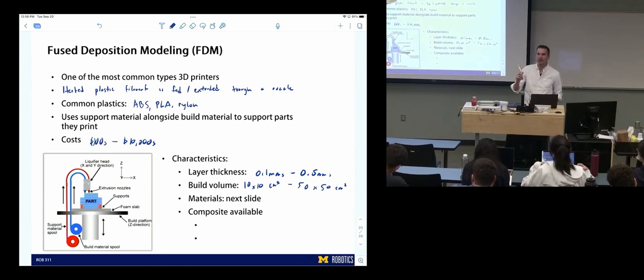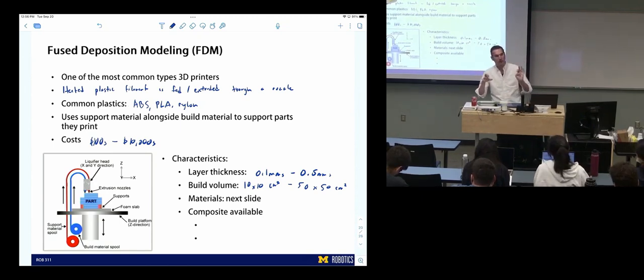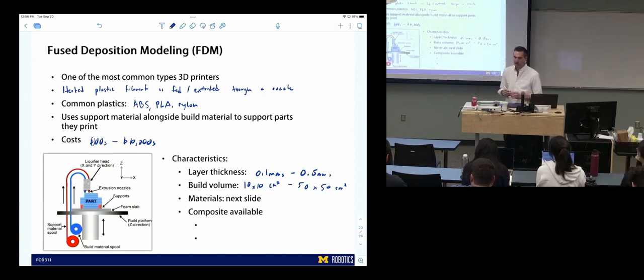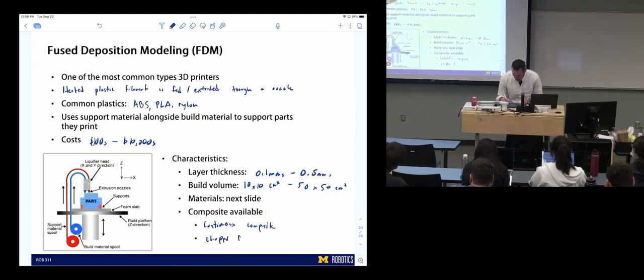Then the FDM printers have a pretty cool, recent innovation, and that's that you can make them composites. And what's really cool, you can make them continuous composites, versus chopped fiber.